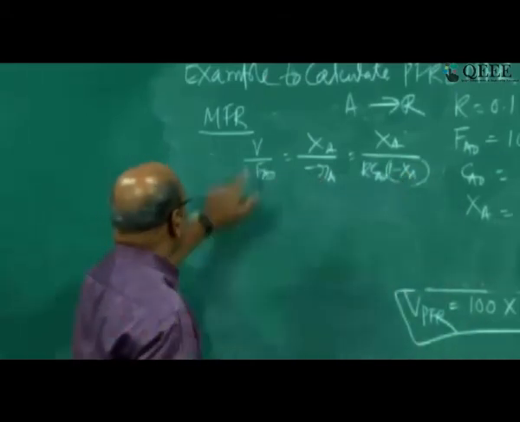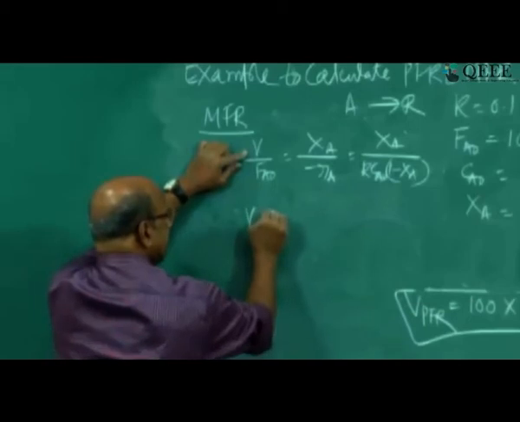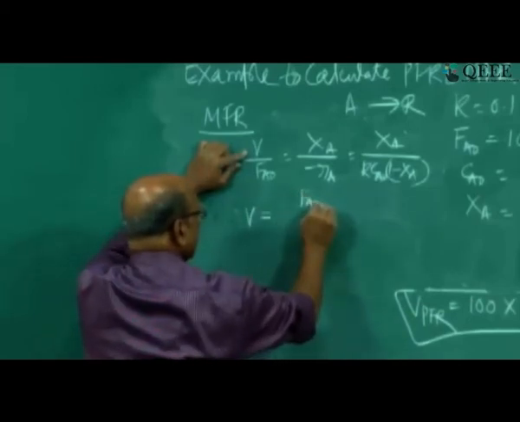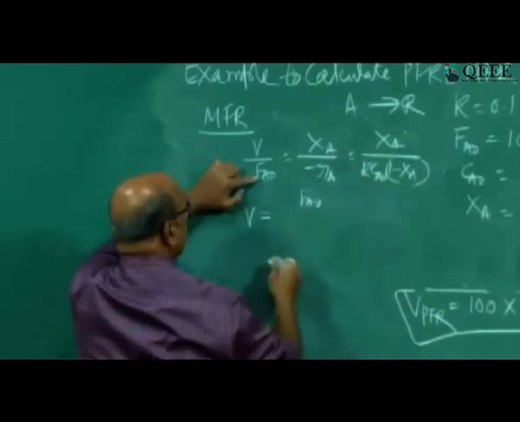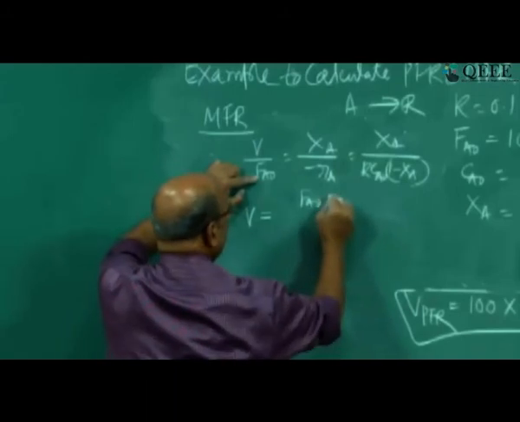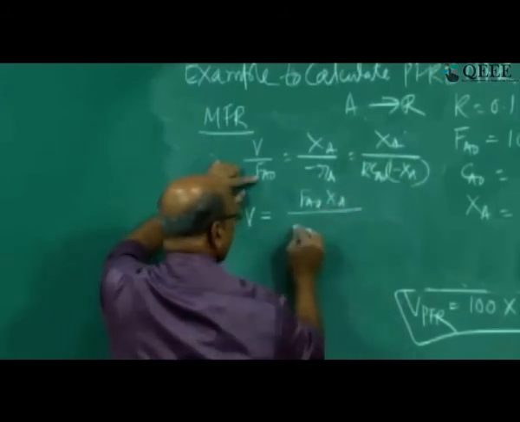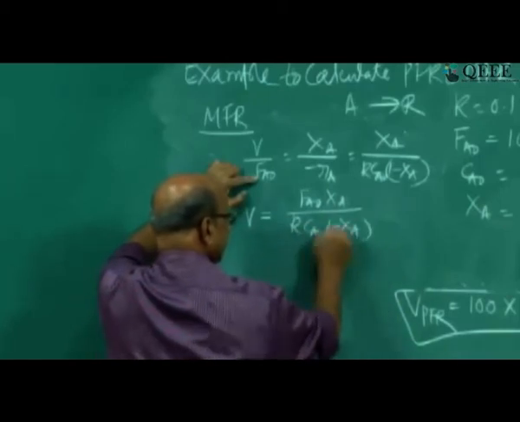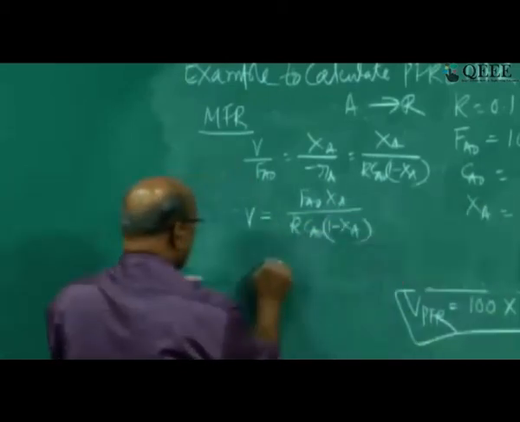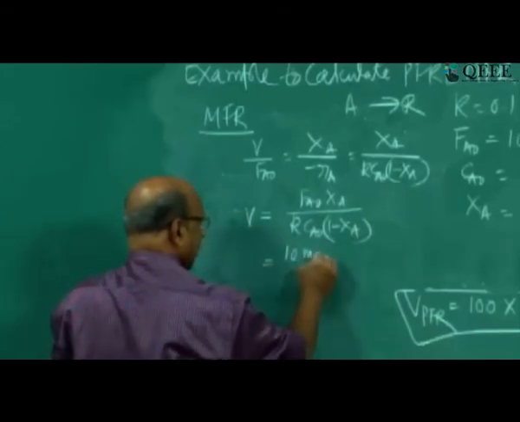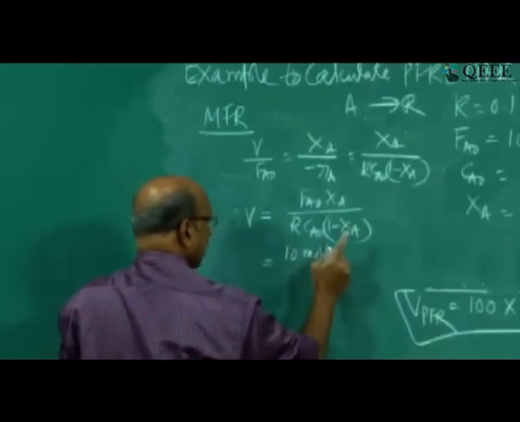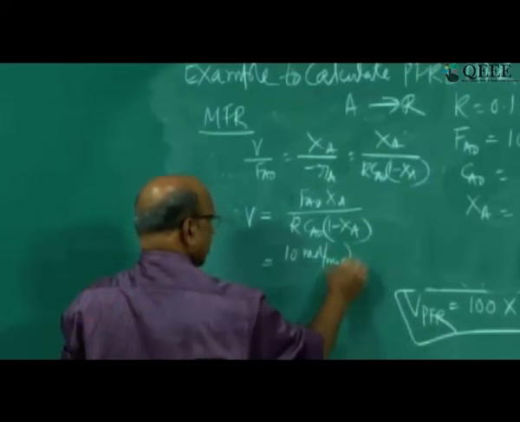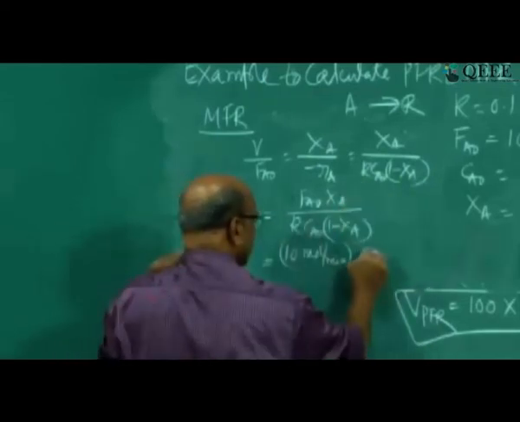What is it that I have to calculate? V. So V can be written as Fa0 times Xa divided by K Ca0 (1 minus Xa). If I substitute all the values, Fa0 is again 10 moles per minute. Xa has no unit, so this is 0.9.